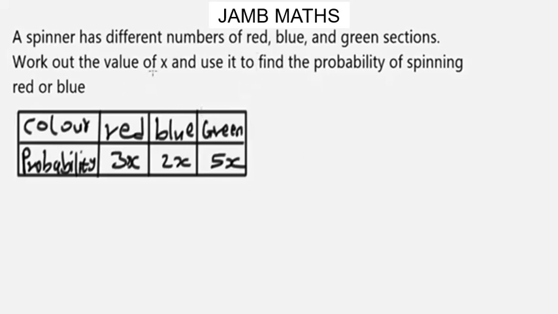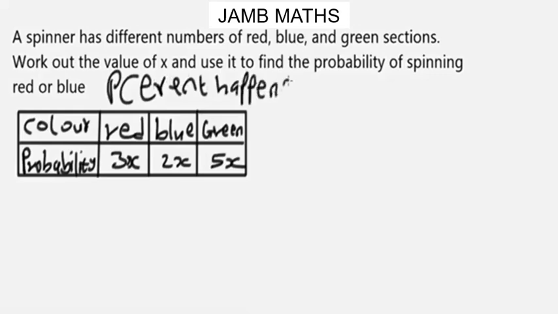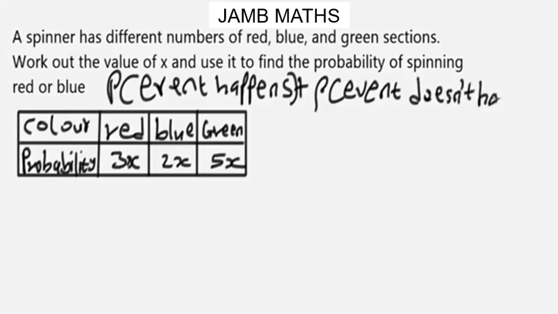Basically what it means is that the probability of the event happening, plus the probability of the event not happening, equals 1. So the probability of the event happening plus the probability of the event not happening equals what? 1.